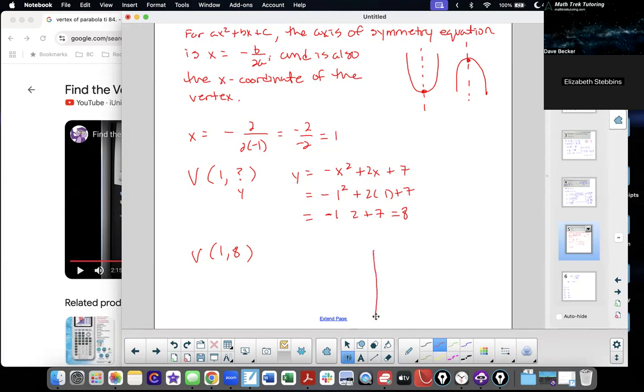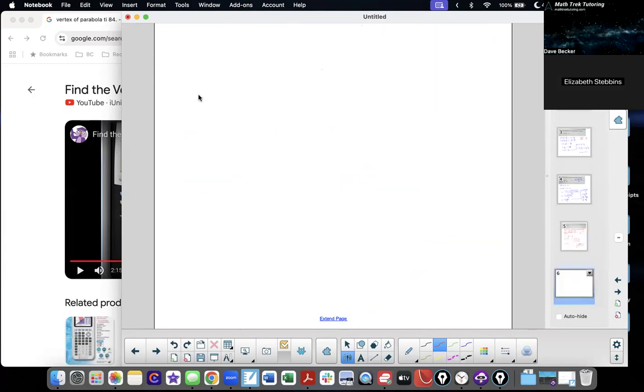Side note: evaluate for x equals -1, negative x squared minus 2.